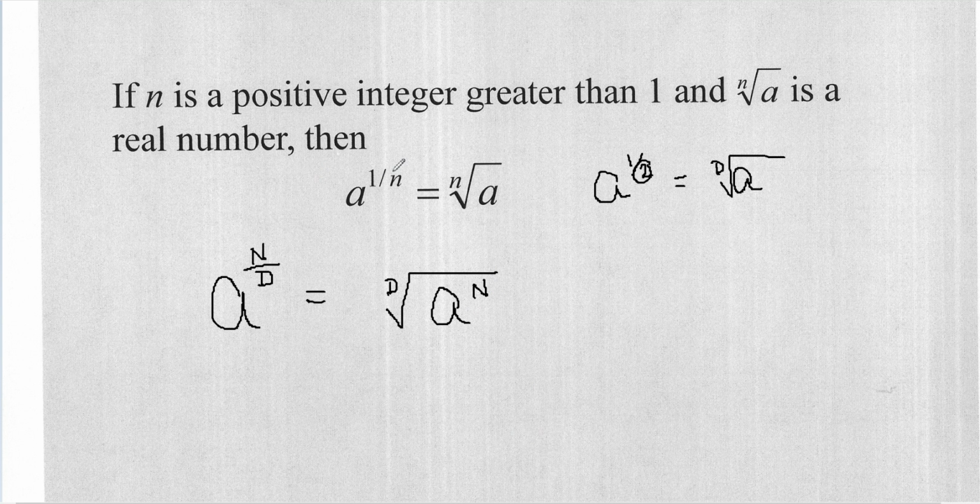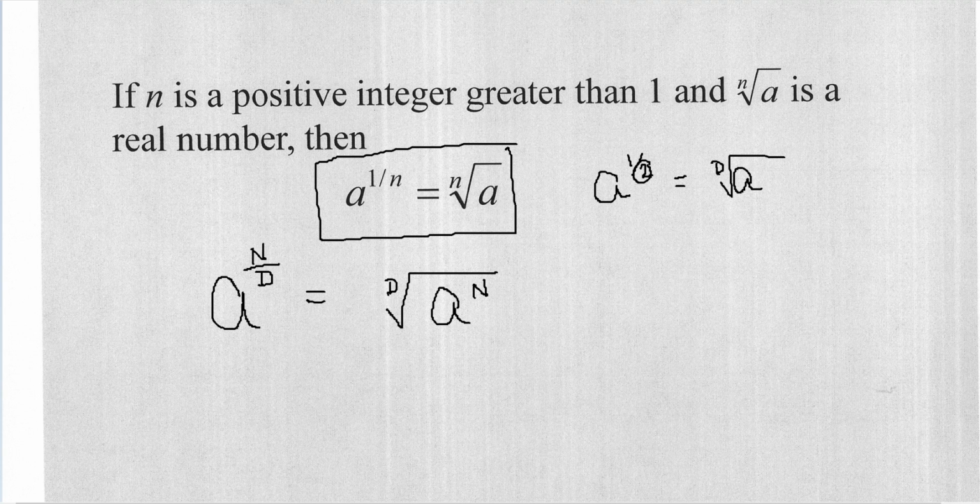So up here, we have a to the 1 over n. The n becomes the index number, and it's raised to the 1 power, but we don't write the 1. So remember this form if that is a little easier to help you.